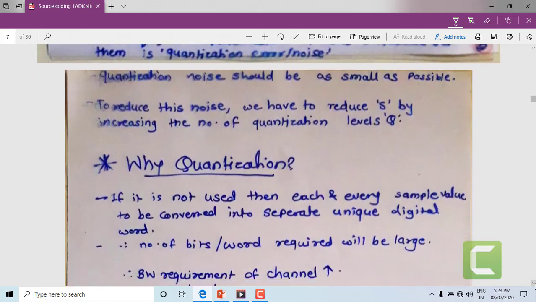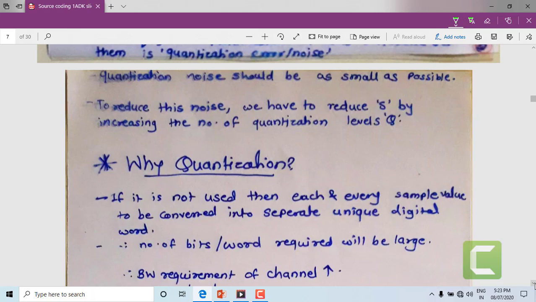Now, there is one question: why is this quantization process needed, or what is its usage? If this process is not used, then each individual sample level after sampling has to be mapped and converted into the digital world.